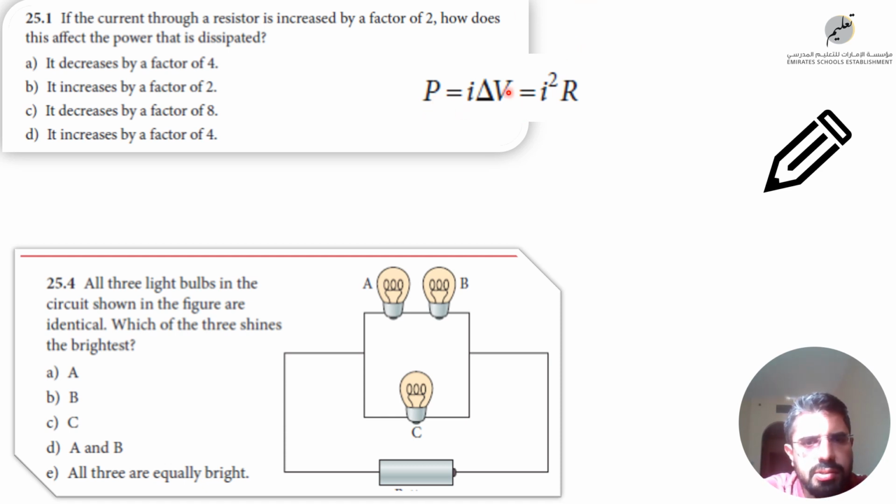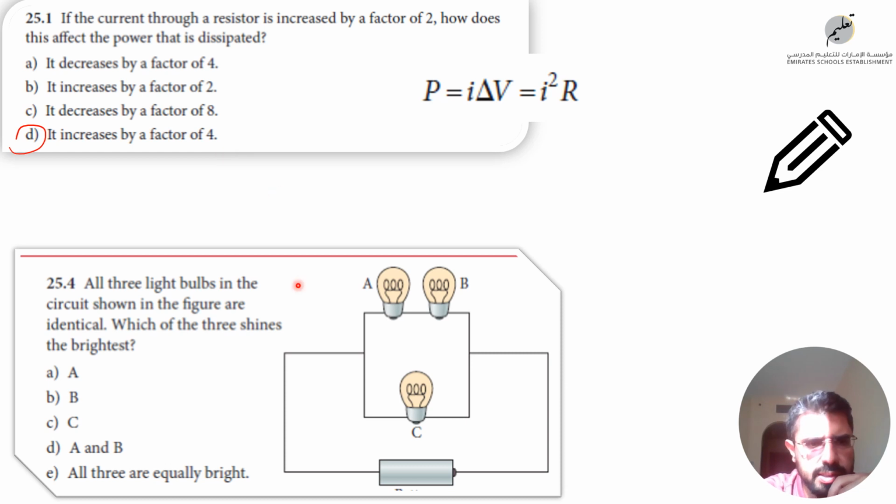Sorry, not the value of the resistance but the value of the current. So if the current through a resistance is doubled, because it's squared, the power will be multiplied by 4. It increased by a factor of 4.